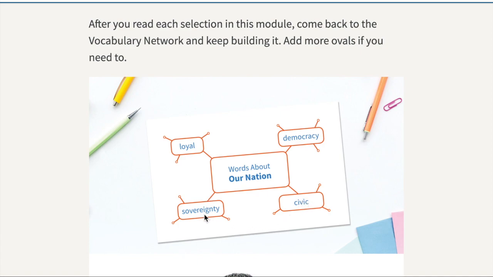For example, for sovereignty, I might add the word independence, because sovereignty means basically the same thing as independence. Up here, coming off of democracy, I would put something about choosing your leaders by voting, because that's what makes democracy special. It'll be interesting to see what you come up with.